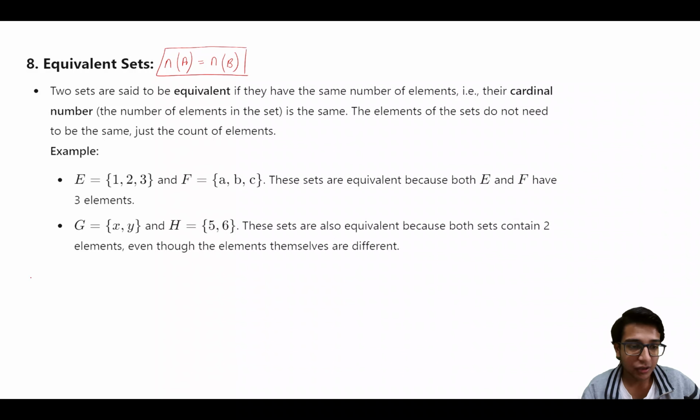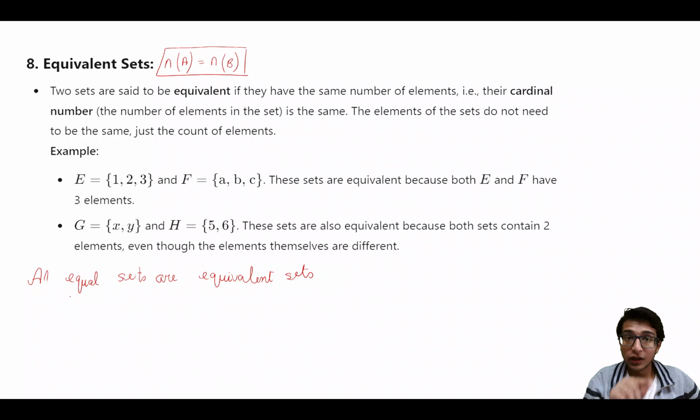So let me write it down for you. All equal sets are equivalent sets. However, all equivalent sets would not be equal sets, because you can have the same number of elements, but the elements might be different.